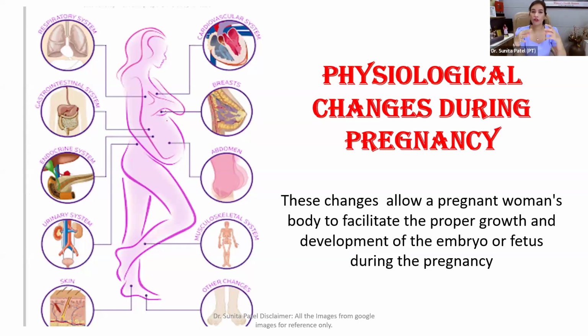We need stretching and relaxation of the muscles, and even in the third trimester there will be changes in the bone cavity, the pelvic bone, because to accommodate the bigger size of the baby and the uterus, there will be changes in the skeletal system, like our pelvic bone.